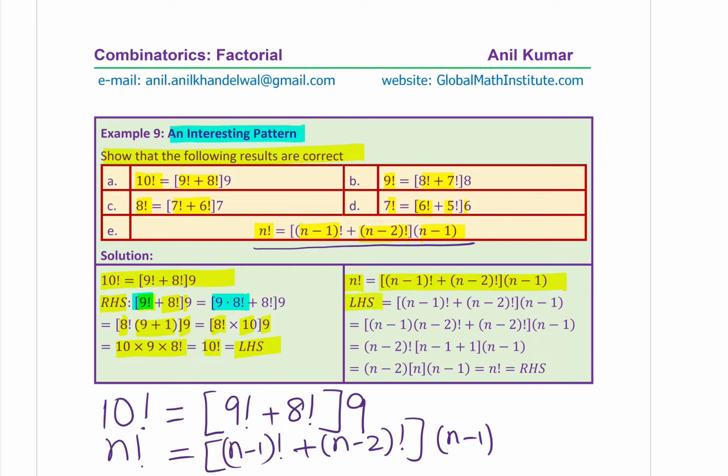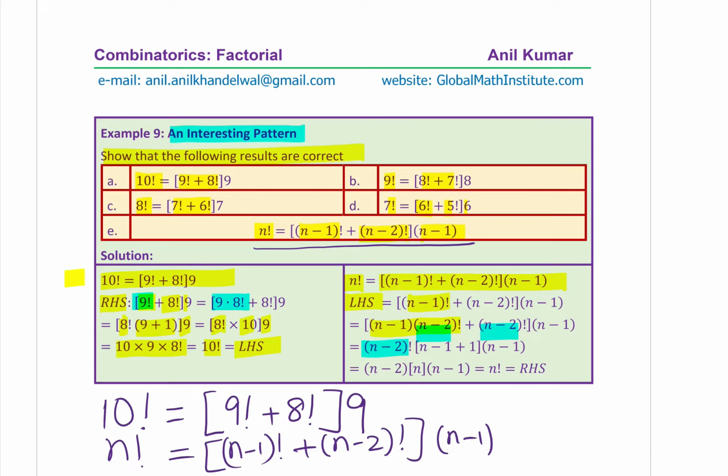We'll begin with the left hand side just as we did with 10 factorial. We have a strategy here, correct? The strategy clearly is that the number (n minus 1) factorial has to be broken down as a product of 2: n minus 1 times (n minus 2) factorial. Since we have done this, we know (n minus 2) factorial is common. We can take that common outside.